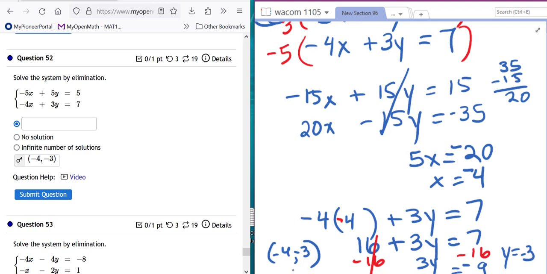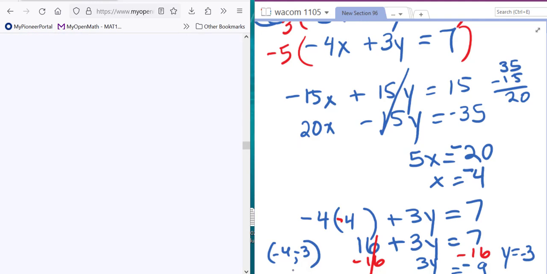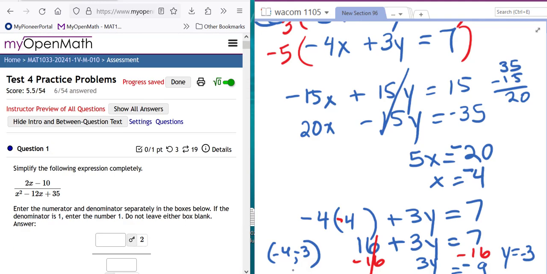I accidentally exited the work. What module is this again? This module is the review for your test. So test 4, practice problems. It is in, let's see.